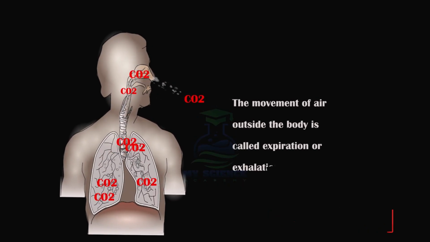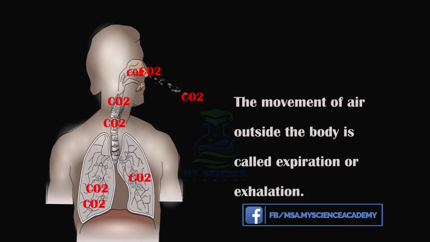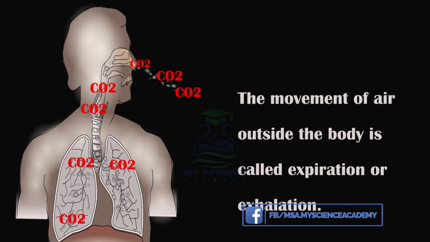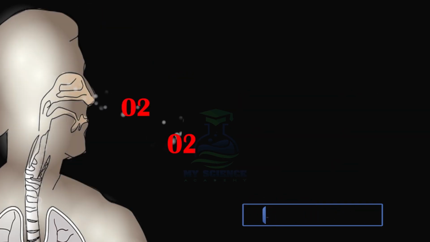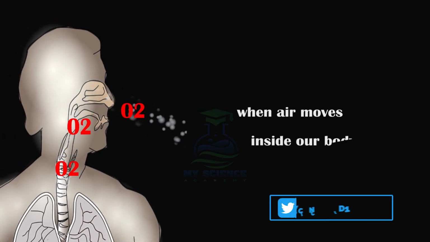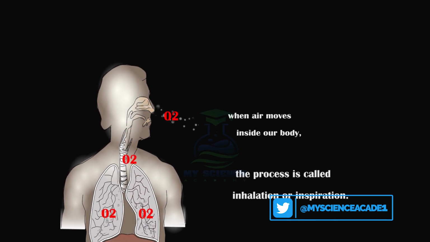Now, what is exhalation and inhalation? The movement of air outside the body is called exhalation or expiration. When air moves inside our body, the process is called inhalation or inspiration.